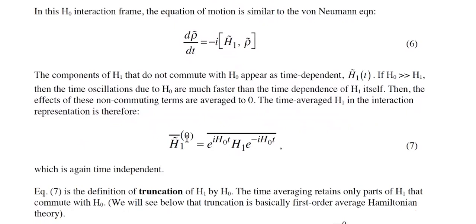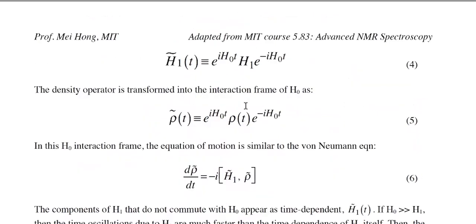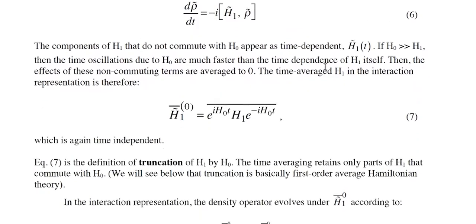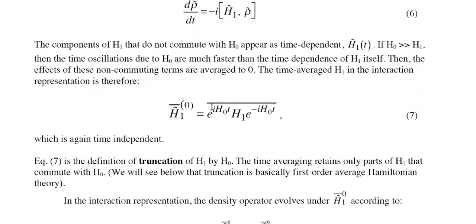I'm just going to worry about the simple average, okay? So this is the first order. And if I take equation 4, mathematically, I put a bar there. That's my time average. So this is what you're supposed to calculate. But the point is now the average Hamiltonian should be time independent. So the non-commuting terms will be gone. Only the commuting terms will stay.